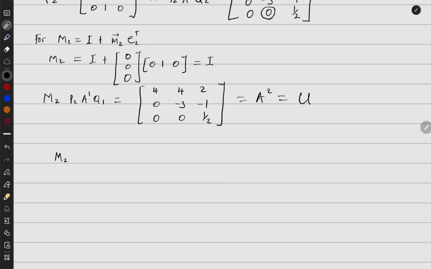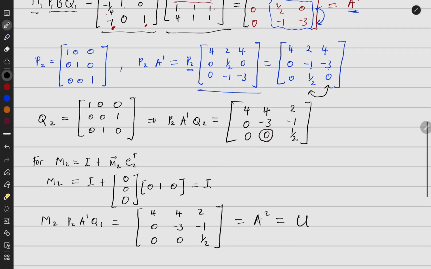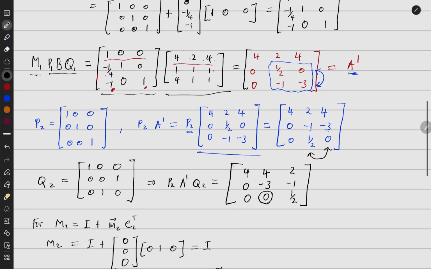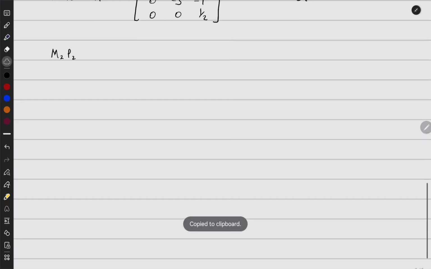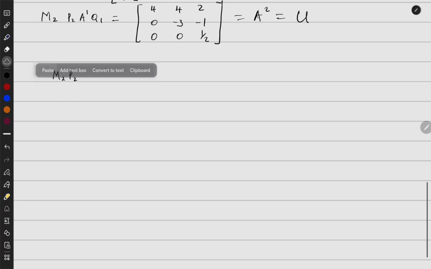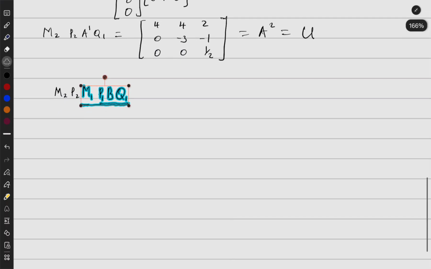We see that this M2 of ours multiplied with P2, then P2 and A1. A1 was this. A1 is here. So you carry the M1, and this is our A1. That was our A1.